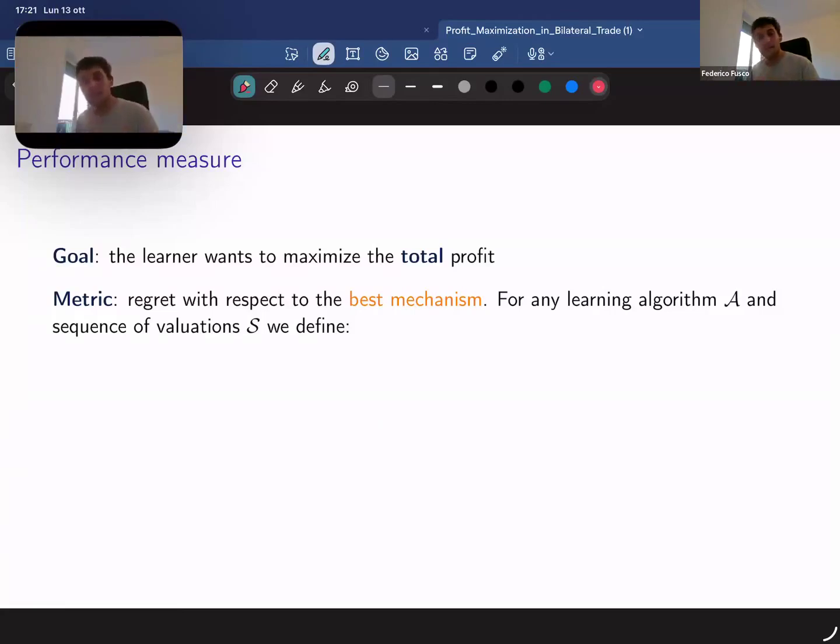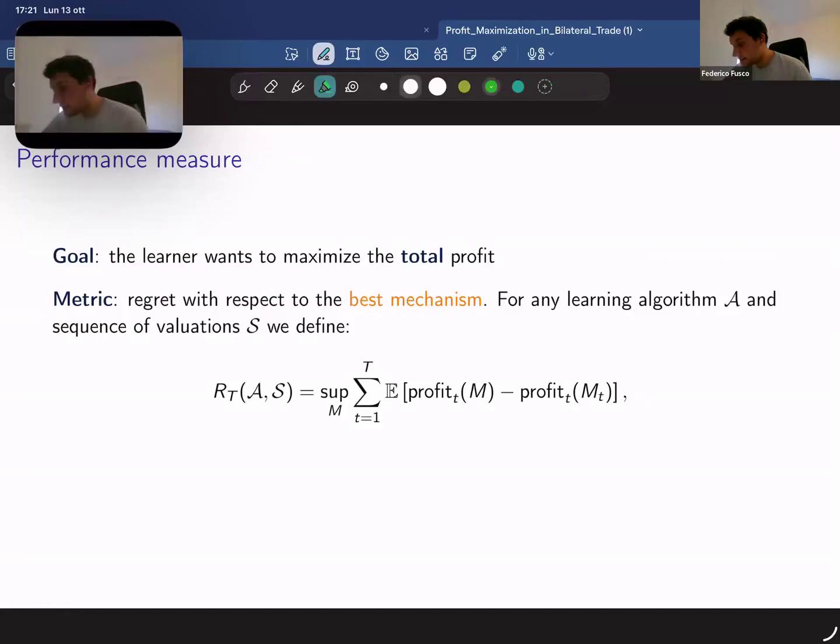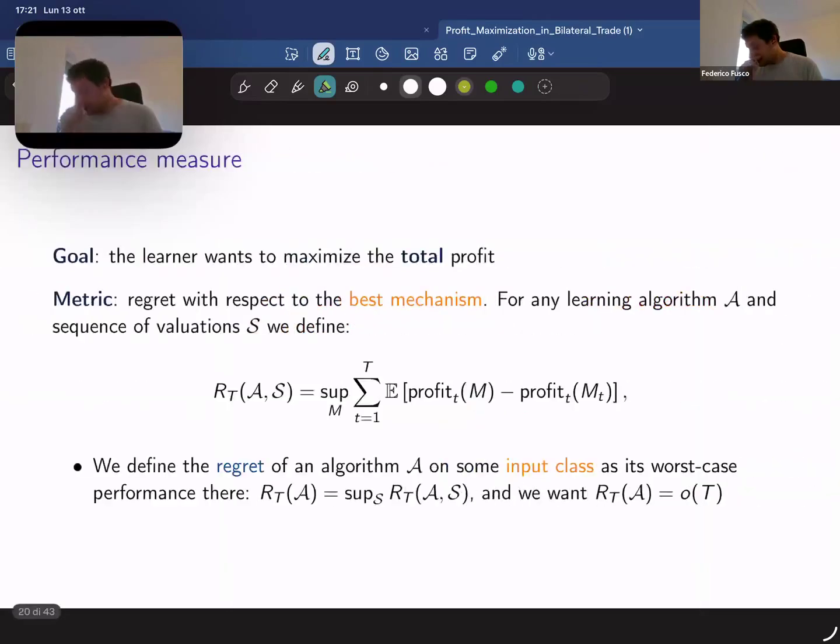So for any learning algorithm and sequence of valuations, we can define the regret as the difference between our performance and the performance of this benchmark, okay? And in particular, we are interested not in the general regret, but in the worst-case regret. So we want to find a mechanism that performs well against any possible sequence of valuations.